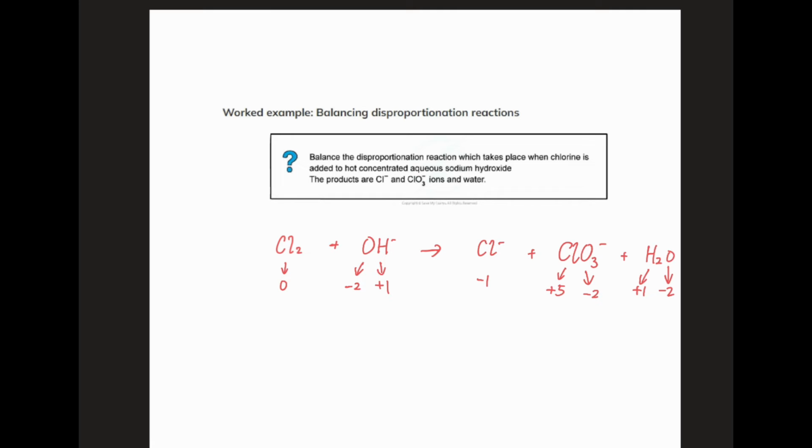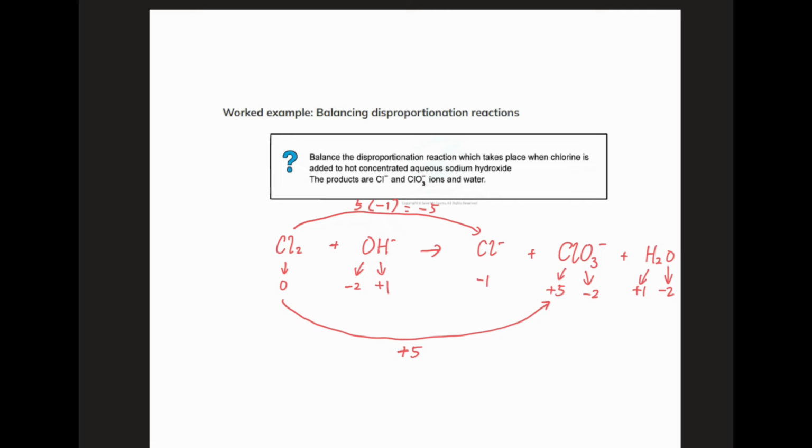First, this to this is an increase of 5 units. Then this to this is a decrease by 1 unit. So to make them balance, we multiply 5 to the top one. Multiply with 5, then we get minus 5, and then it's balanced already.